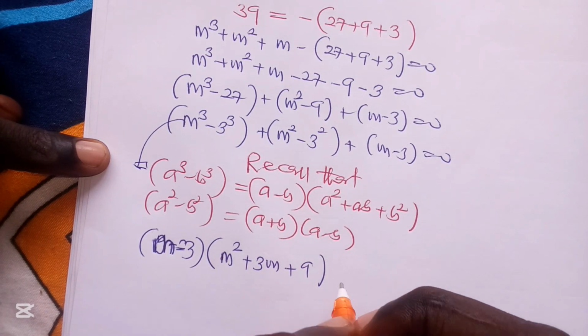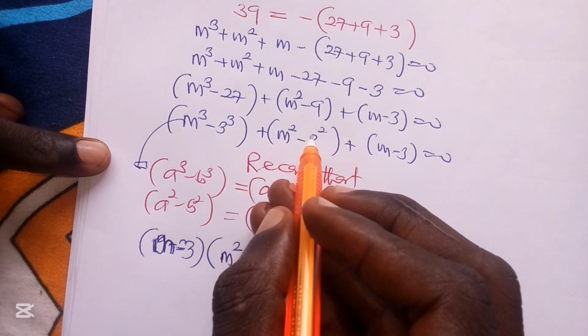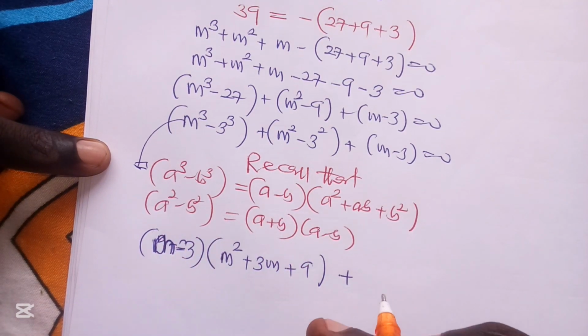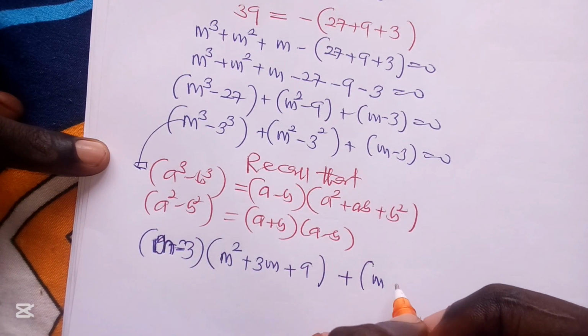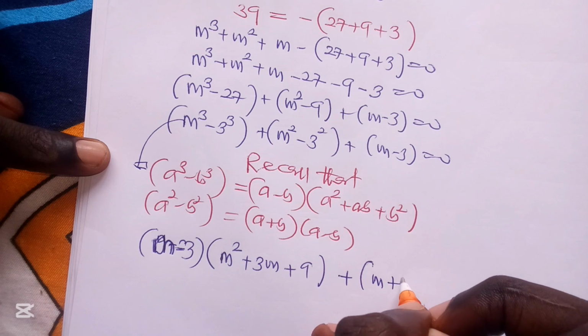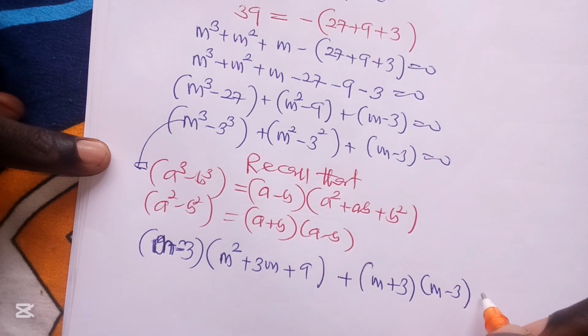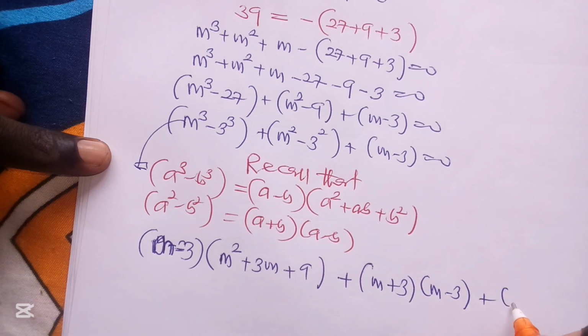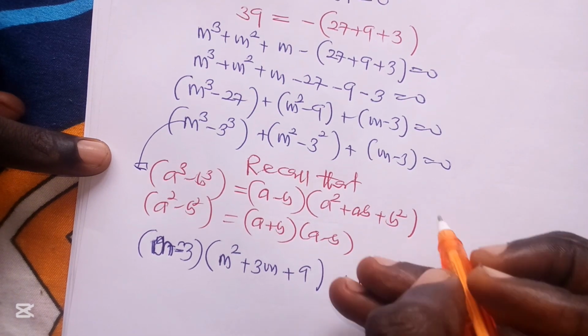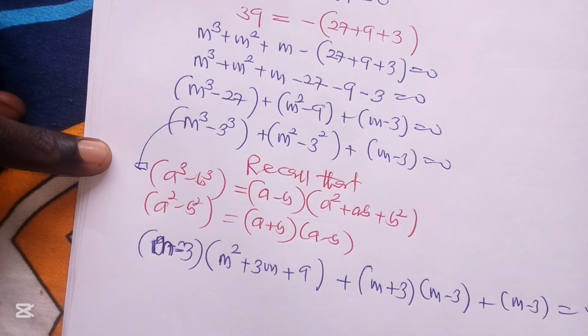Now plus, expressing the other term in this form, it becomes m plus 3 into m minus 3, then plus m minus 3. Then everything becomes 0.